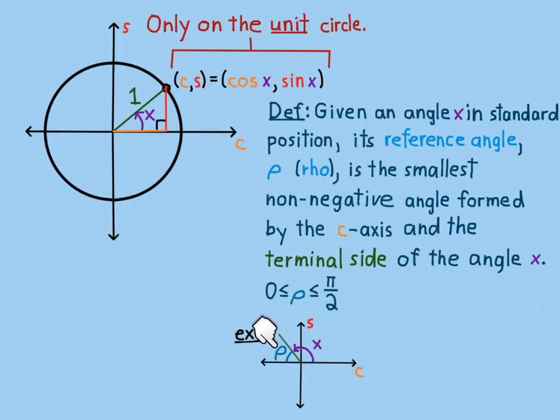And rho is a positive number. So it's just like if you were going to draw a triangle here, which we do, as you can see here. The interior angles of a triangle, it's like we're just assuming those are always positive. So we're thinking of the triangle rather than the actual angle. That's the whole idea here. So if x is 3 pi over 4, which is what this illustration looks like, then rho is pi over 4.